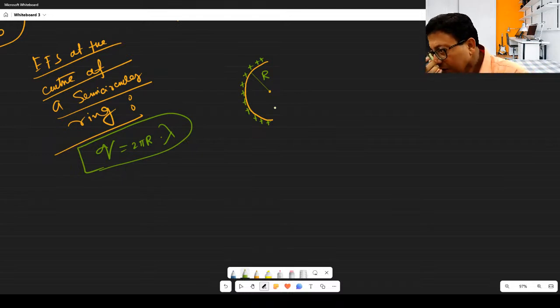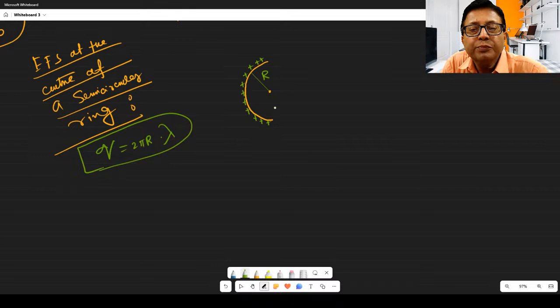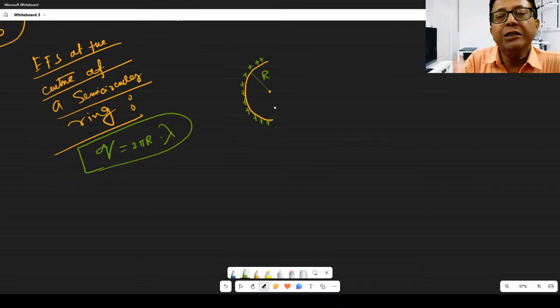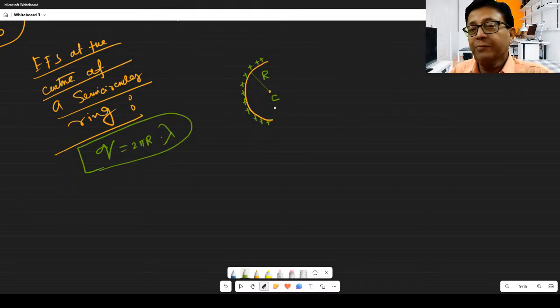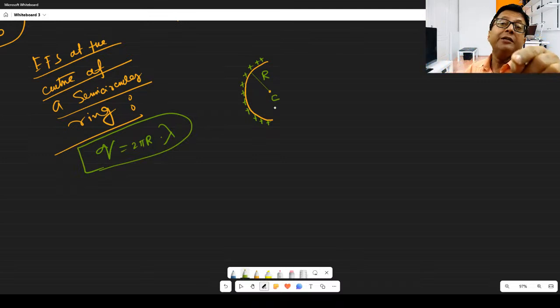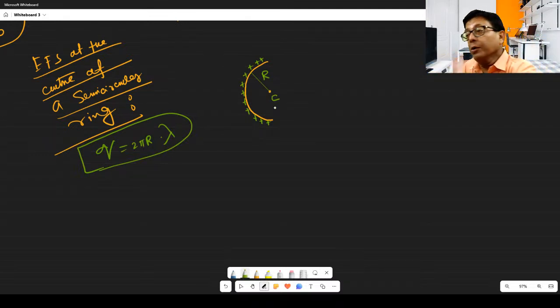Lambda is the line density of charge. To find strength of electric field at the center, concept already I have explained what to do. We will divide into infinite number of parts. Due to an elemental portion, which is the representative of all parts, we find electric field at C. And then for the whole semicircular ring, we will find the electric field.